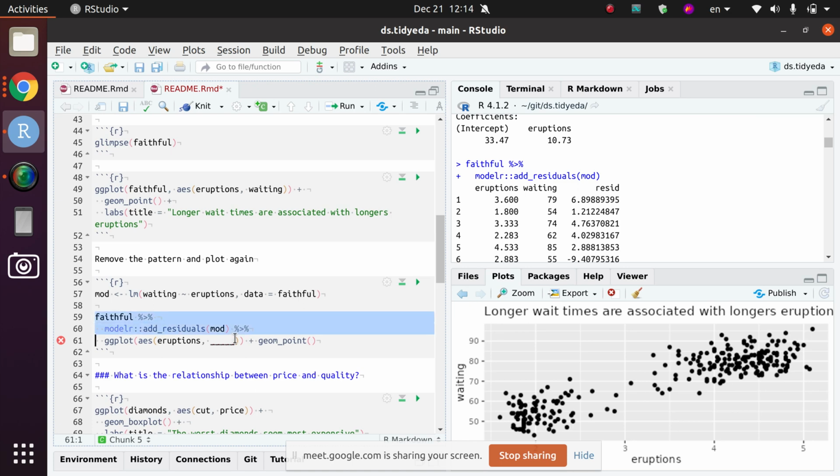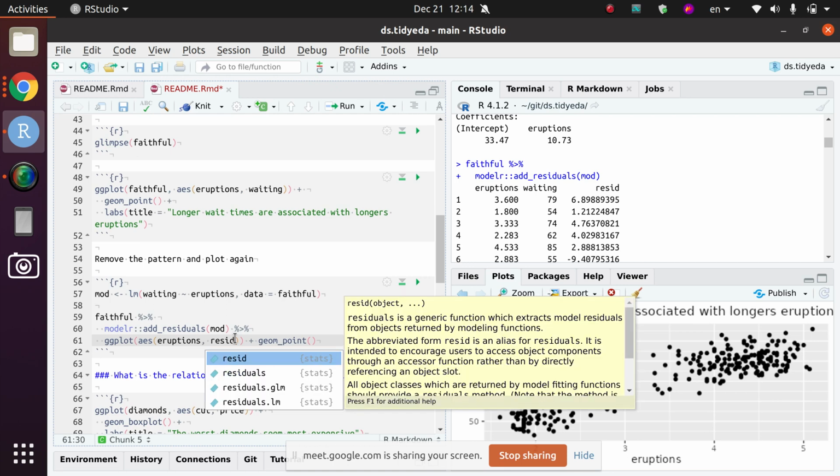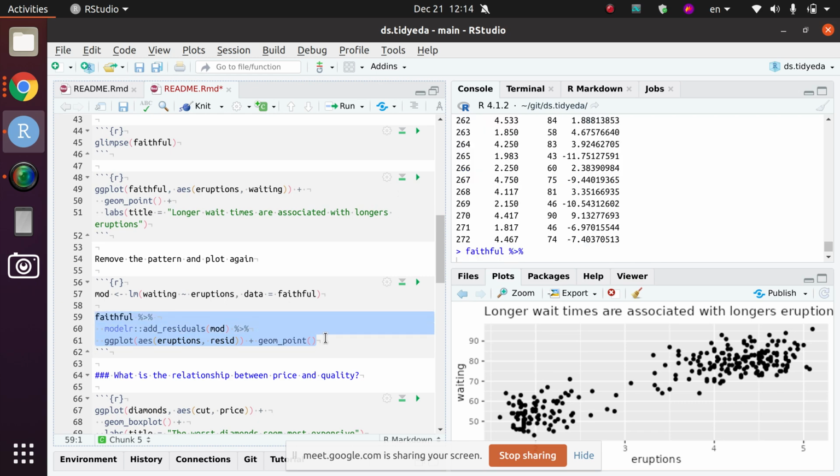So right now, once we have that dataset, we're going to plot the relationship, but now between eruptions and, no longer waiting, but residuals, because what we want to see is what remains after we have extracted the pattern that we saw. So we're going to plot eruptions versus residuals with a scatter plot. So let's do just that.